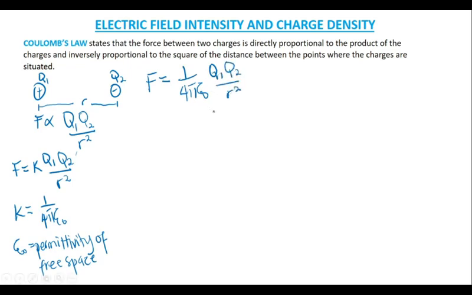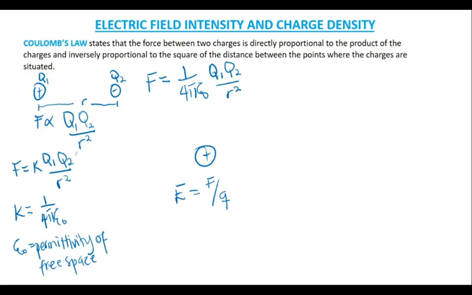Now we want to look at what electric field is. When we have a charged body, either positive or negative, the area around that charged body becomes its electric field, and it is given by the relationship, the force divided by the charge Q. So now let's have the definition of electric field intensity.